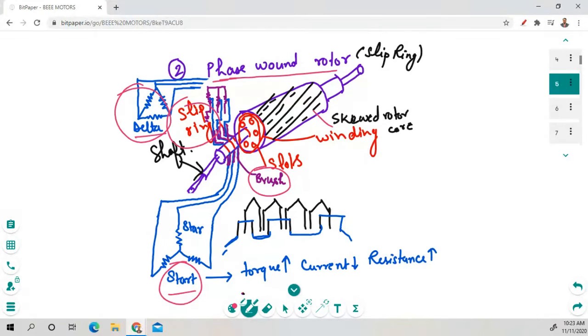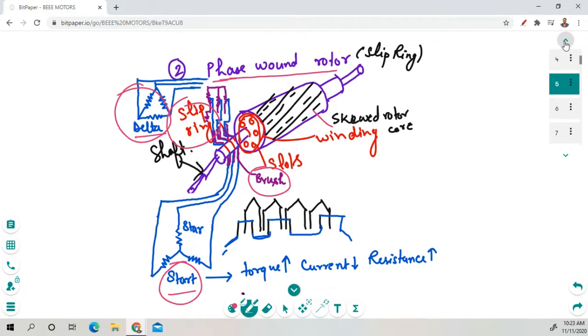With the help of these delta and star connections, we can increase the speed of the rotor and we can decrease the speed of the rotor. Do you understand till now how we are going to construct a three-phase induction motor? Write in chat box. I will explain again. I will revise all these sections again.